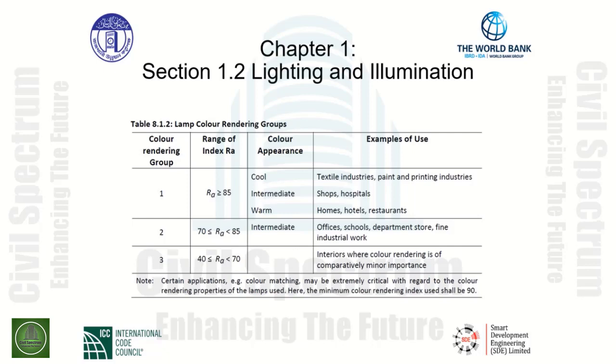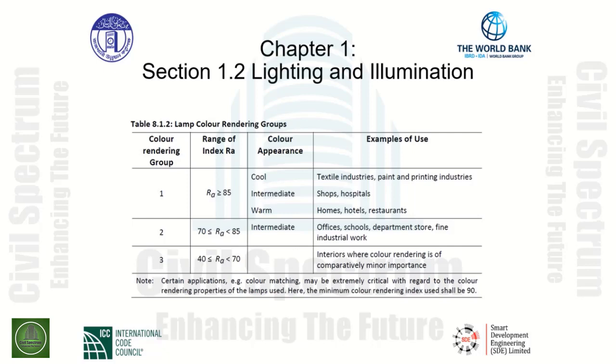depending on the temperature of the bulb. As we can see, the range of index R sub A with respect to the color rendering group is given to us. Color rendering group 1 gives us a range of index R sub A greater than or equal to 85.